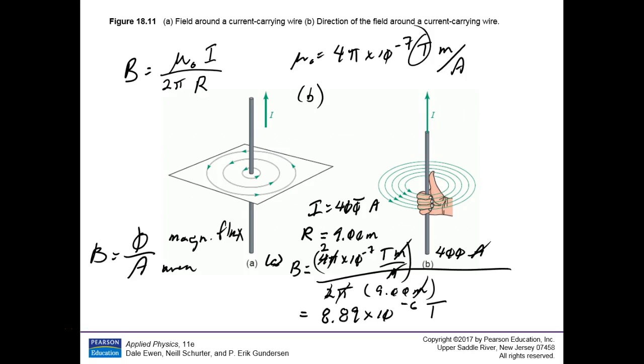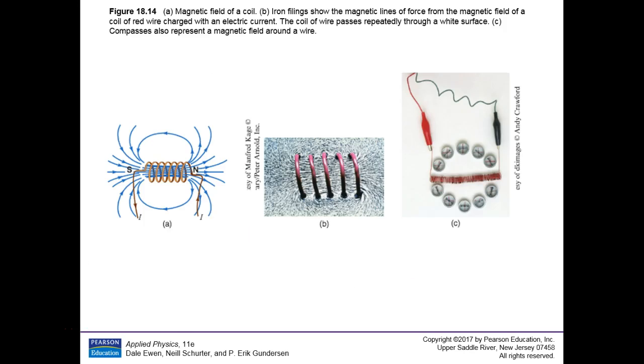So let's move to the next topic here, and that is that of a solenoid. Remember we said a single wire with direct current flowing through it produces a magnetic field. That's a very weak field. But what if we take that wire and make a loop out of it? Let's say the current is going in this direction, the field is like this all the way around.